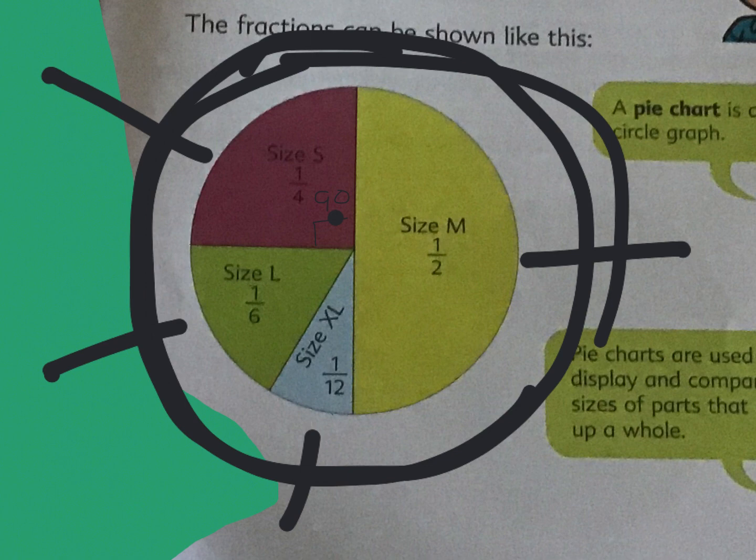Well, if you think of the degrees of a circle, how many degrees would a circle be? Yes, 360. So if this is 90 degrees and 2 of these is half, this would need to be another 1/4.